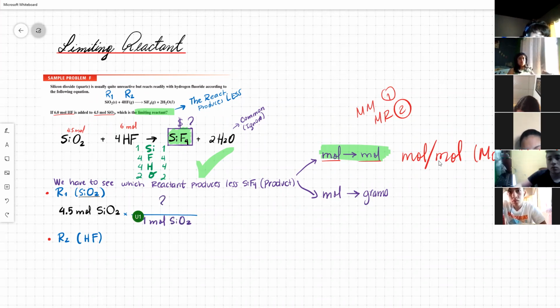And in the top, what am I going to write? What is the substance that I want to know? The product. That is the one that I care about. So yes, it's going to be silicon tetrafluoride. So this will be 1 mole of silicon tetrafluoride in the top.